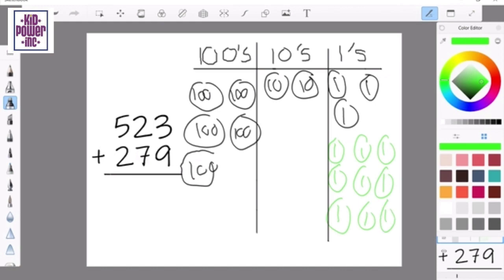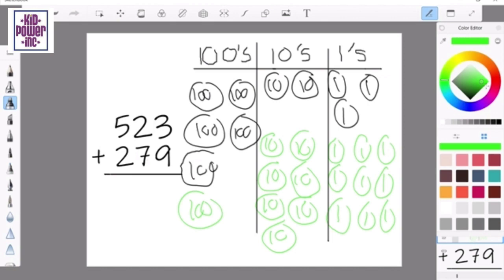We have 7 in the tens place value. So we have 1, 2, 3, 4, 5, 6, 7. And then we have 2 hundreds. 1, 2.